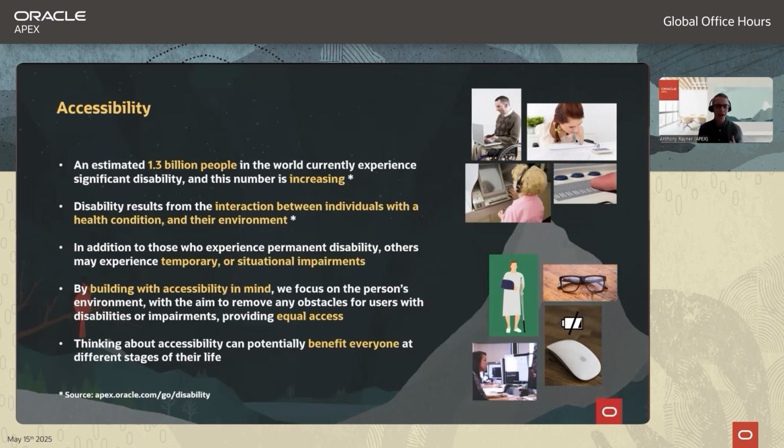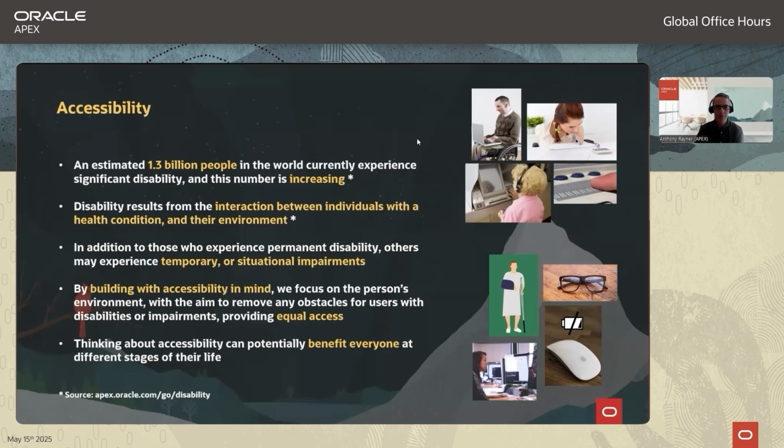This kind of interaction between a person and the systems and web applications that we create in Apex. What we don't want is to create these impediments to their participation. We don't want to increase their disability. So we have the power, as web developers, as people who work in technology, to try to reduce the amount to which someone is disabled by a fixed or a situational temporary impairment.